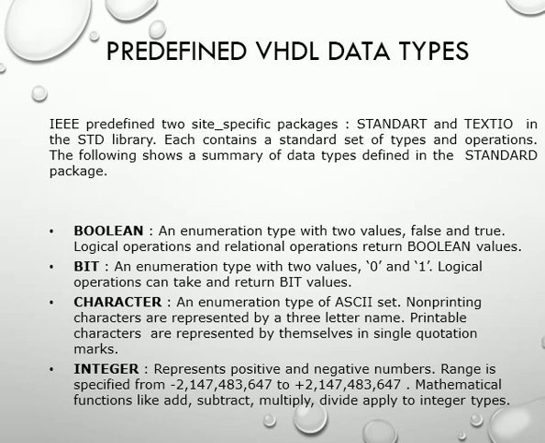And then another type, the integer, which represents positive and negative numbers. The range is the same as I told earlier, that is, minus 2 raised to 31 minus 1 to plus 2 raised to 31 minus 1. Whenever we are doing mathematical functions like add, subtract, multiply and divide, we apply them to integer types.